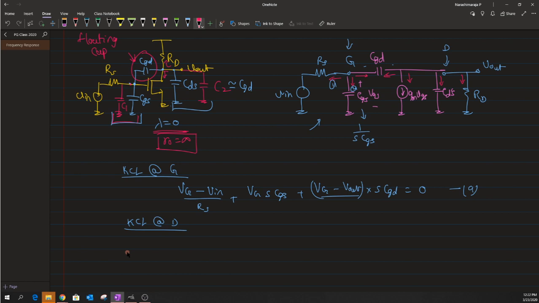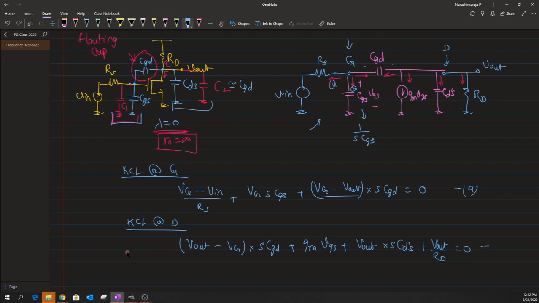So we have current components leaving away from the drain terminal, and I'll quickly write down the expression: Vout minus Vg into the impedance posed by CGD, plus the voltage controlled current source component gm times Vgs, plus the current flow through the capacitor CDS, and the current flow through the drain resistance RD.